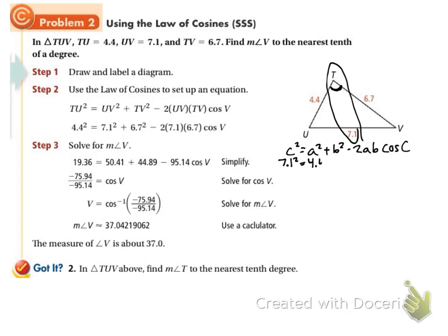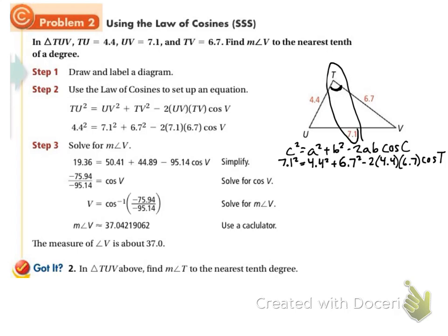I'll plug in 4.4 for A and 6.7 for B. And I don't have a number to plug in for the capital C because I don't know what my angle is. So I'm just going to plug in the letter T because that's the vertex we're working with.